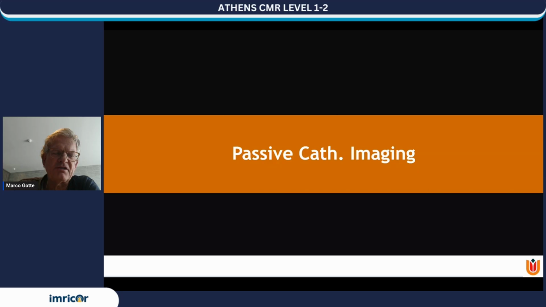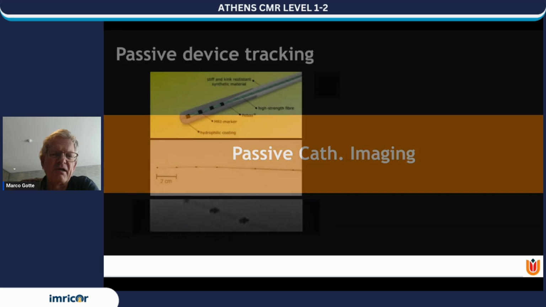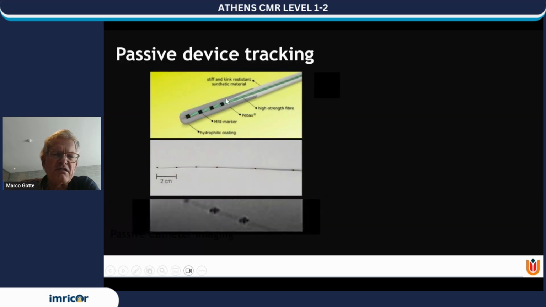The first and simplest strategy to visualize catheters or devices is passive catheter imaging. What that means is that the device, and this is a schematic representation of an MR-compatible guide wire, is visualized based on passive markers and characteristics of this particular device.